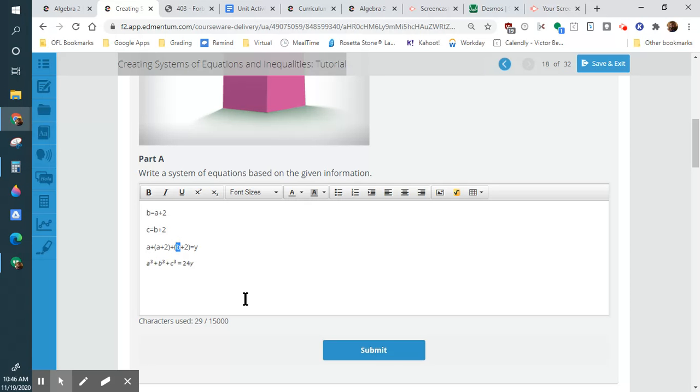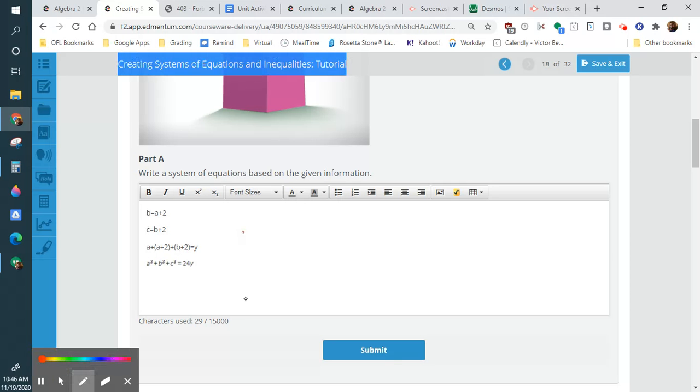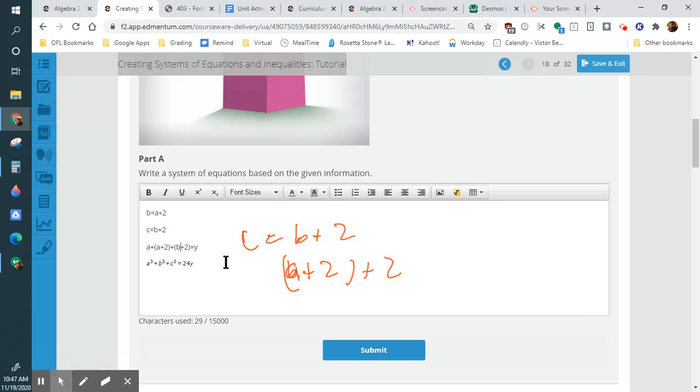So this ends up being A plus 4, because we have C equals B plus 2, but then B equals A plus 2, plus the other 2. I said B plus 4, I meant to say A plus 4. I'm sorry. So in other words, this means that Y equals 3A plus 6.